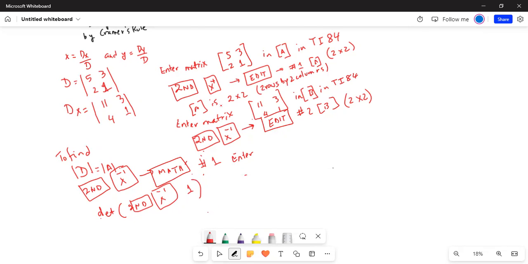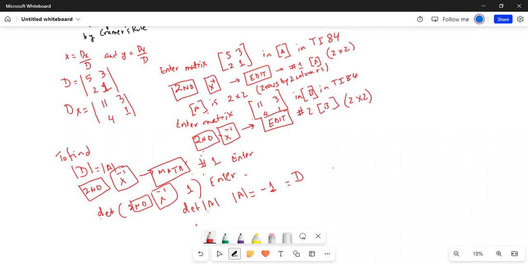So the determinant of matrix A is equal to -1. This is equal to the determinant D.